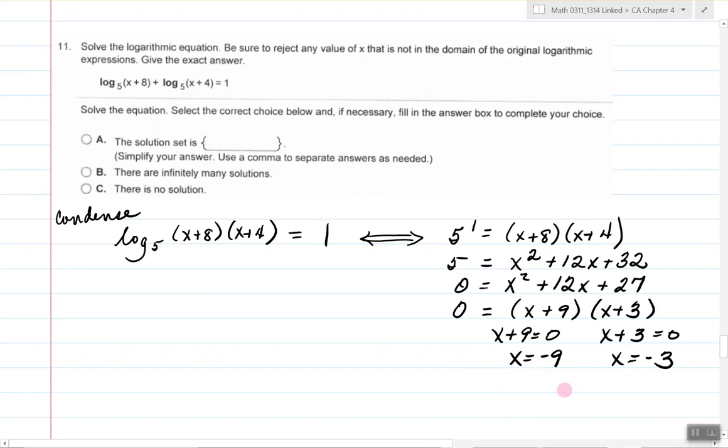And what that means is I have to throw away that answer. If I put negative 3 in here, negative 3 plus 8 is 5. That's okay. Negative 3 plus 4 is 1. That's okay. I'm not going to do a full-blown check. I'm just checking for domain violations. So this is my only answer, negative 3.